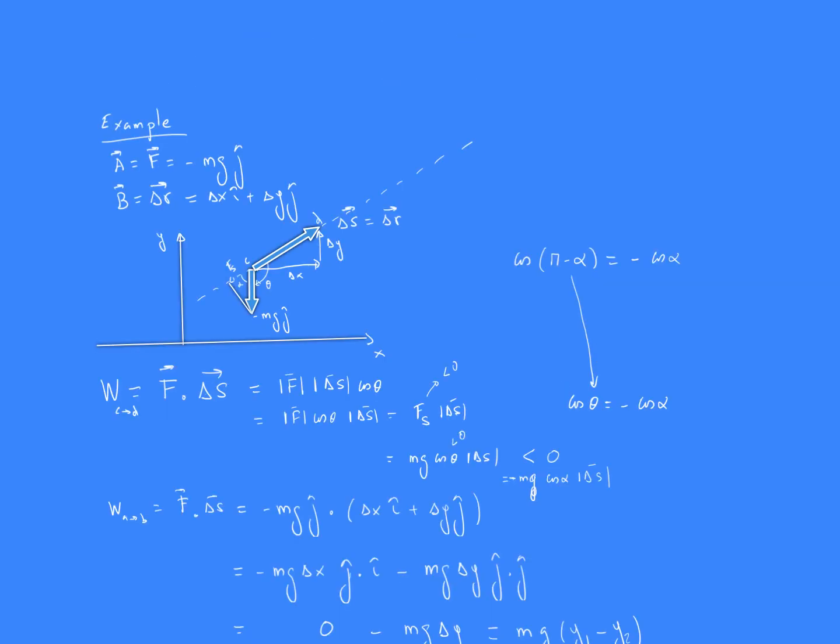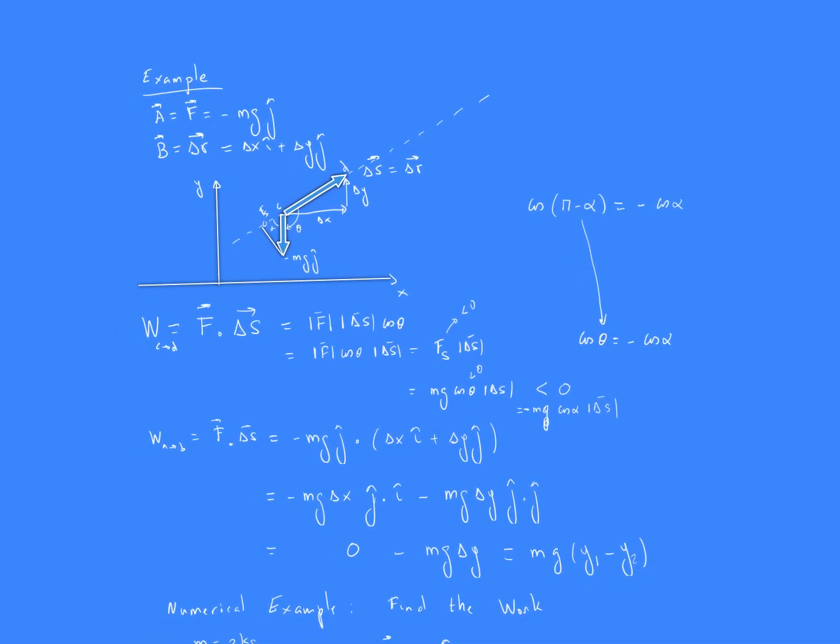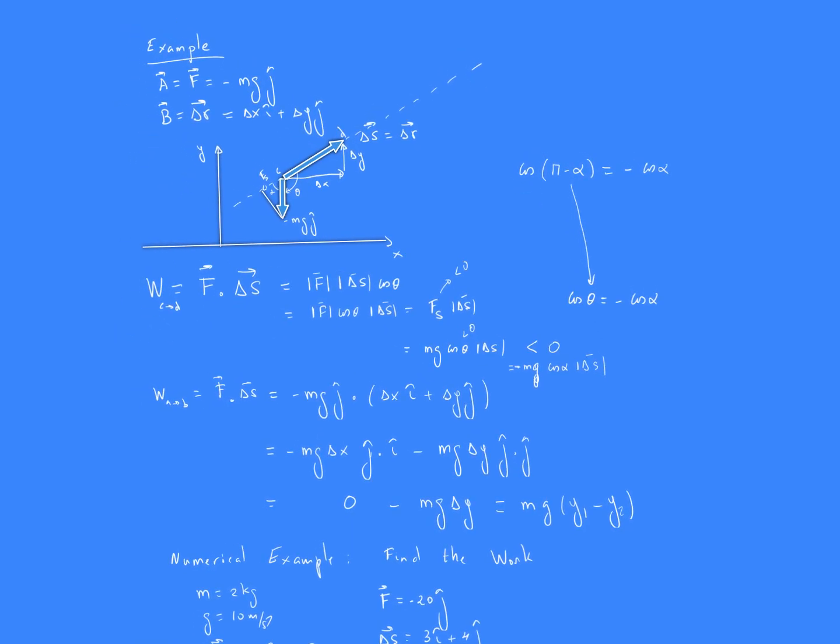Okay, so one example. Let's say that F is the force, is the weight. So the expression of the force will be minus mg j. And let's say that the vector V is delta r, that is the displacement.